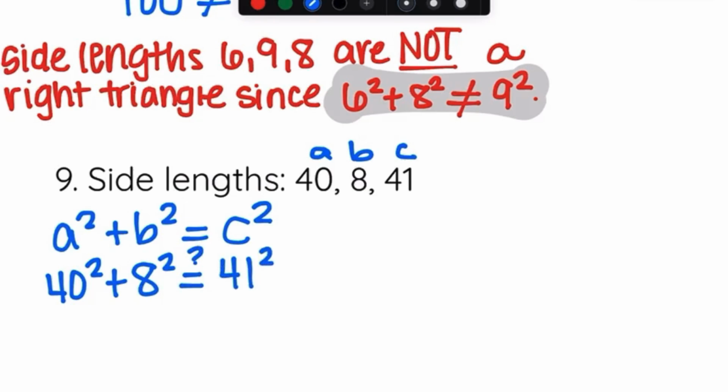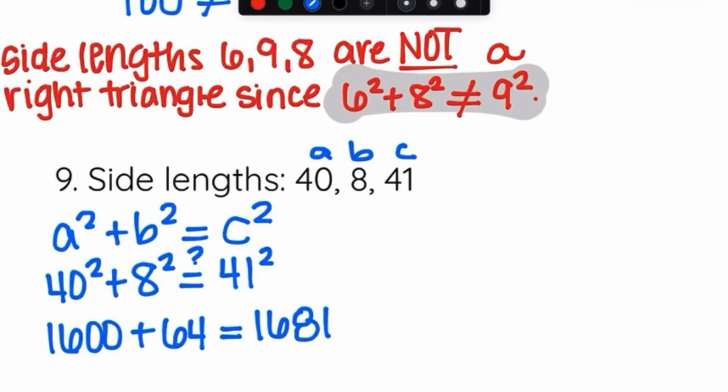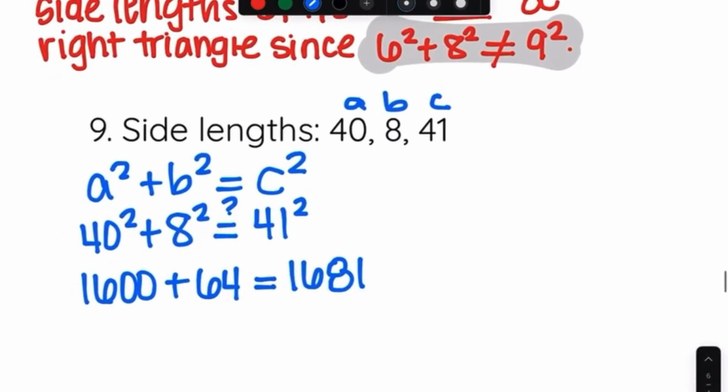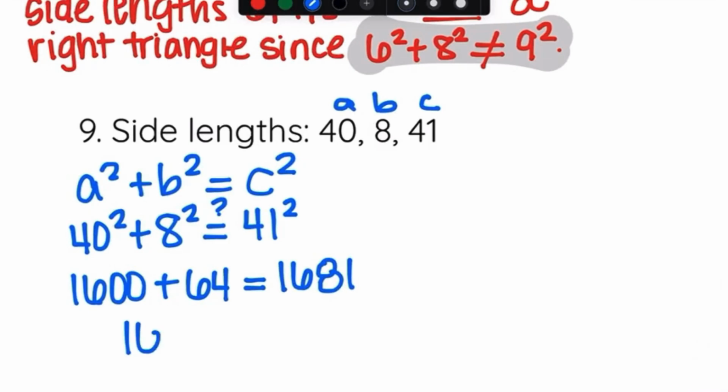Well, thank goodness this is calculator active. 40 times 40 is 1600 plus 8 times 8 is 64 is equal to 41 times 41 is 1,681. And so when I add up 1600 plus 64, I get 1664, and that is not equal to 1681.